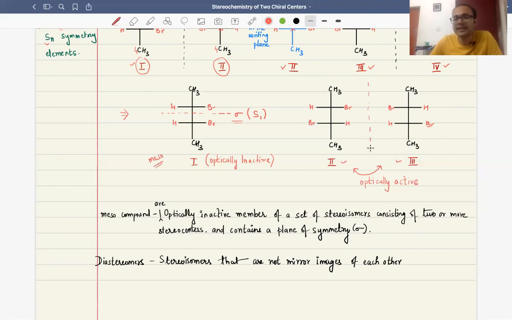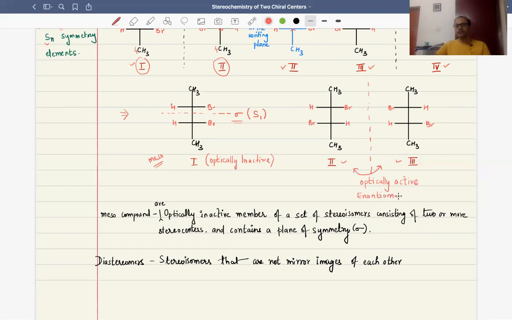Now, if I ask you what is the relationship between stereoisomer 2 and stereoisomer 3, you can quickly say that they are mirror images of each other. They are non-superimposable. It's very important to specify this word, non-superimposable mirror images of each other, and therefore these are called enantiomers. We have already discussed this term.